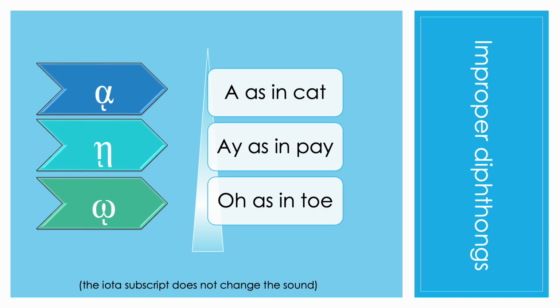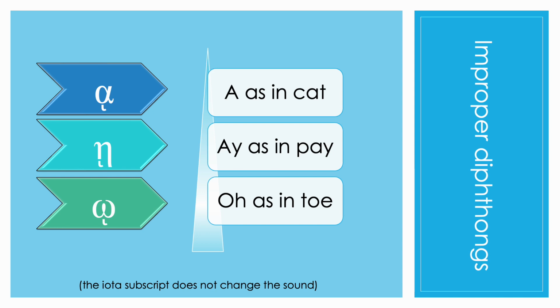The iota subscript forms what is called an improper diphthong. It will always go on the last letter of a word, and it puts that into the dative. This means that the noun or participle that it's on is referring to the indirect object or a secondary object in the sentence.